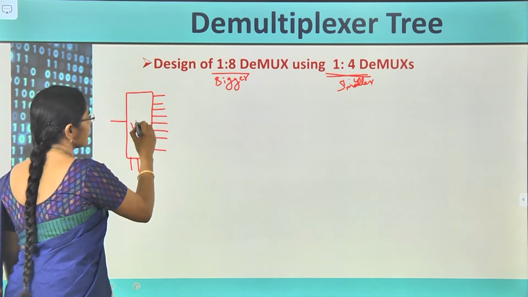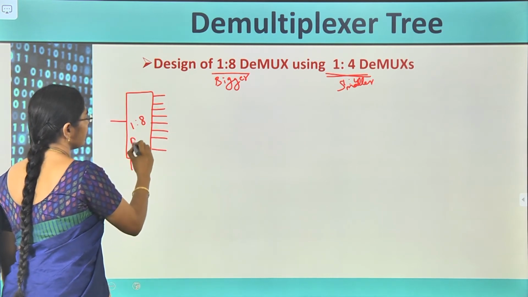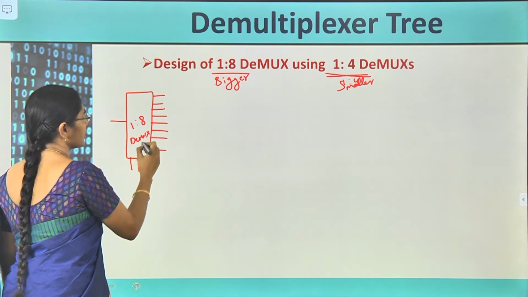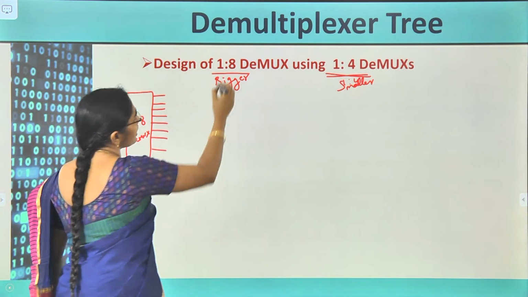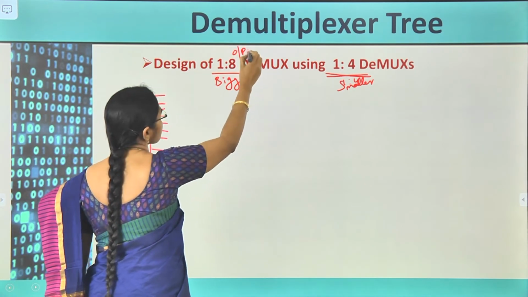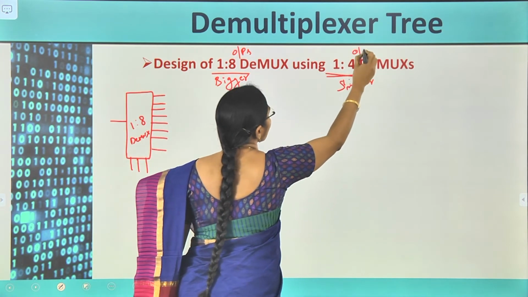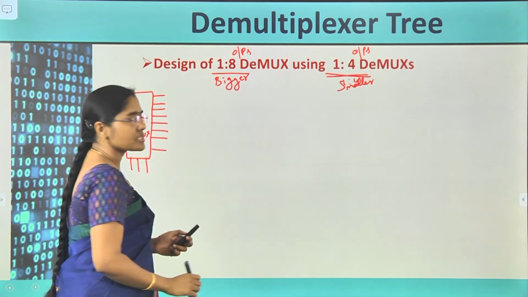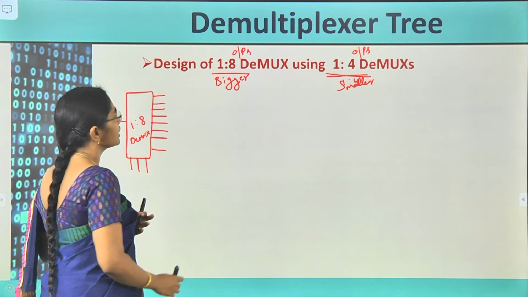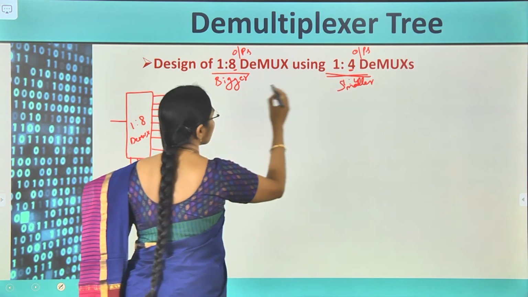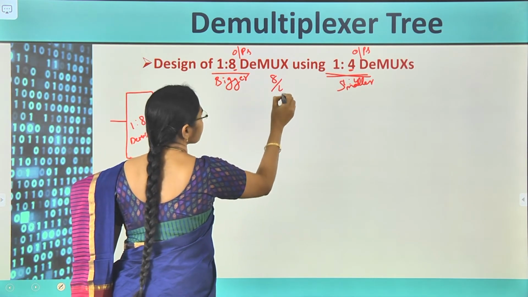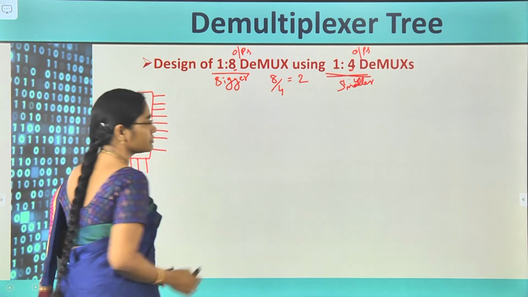It is a 1:8 demux. In the 1:4 demux, how many outputs are there? Outputs are 4. So, taking 8 outputs divided by 4 outputs, that is equal to 2.